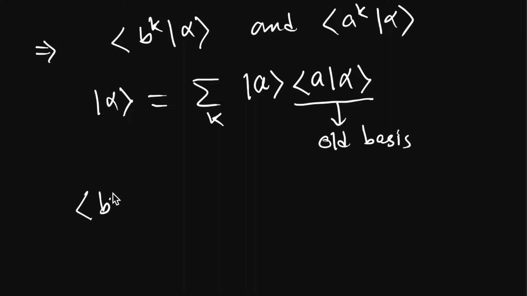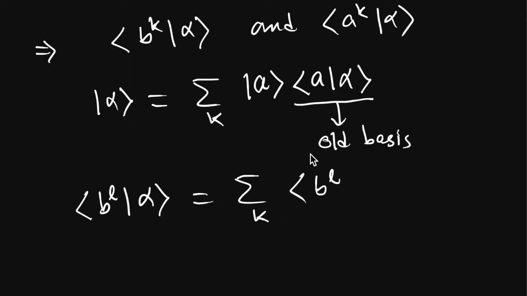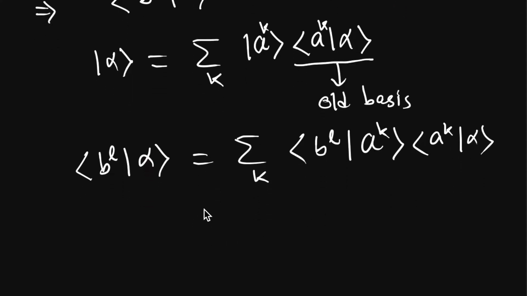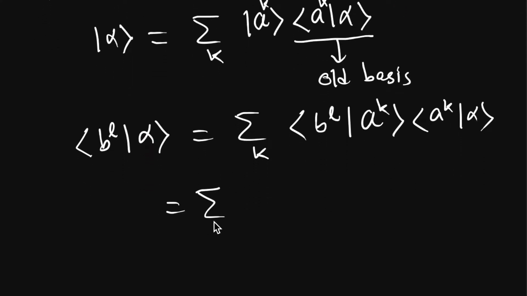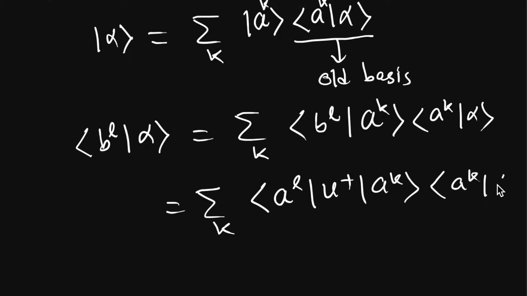That will be bl alpha equal to summation of k bl ak, ak alpha. This is nothing but summation of k al U dagger ak, ak alpha.